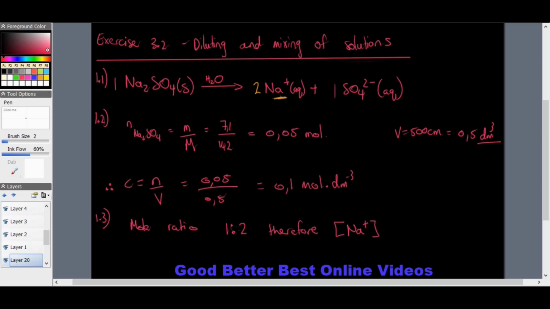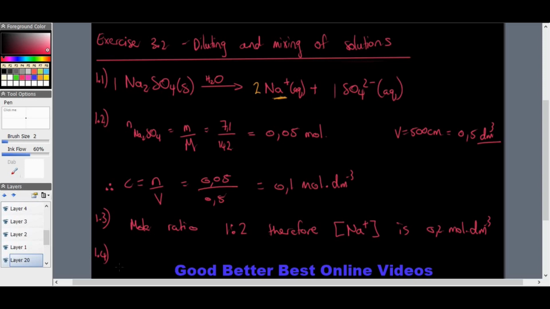So it's 0,1 divided by 1 times 2, which gives me 0,2 moles per decimeter cubed. That's for 1.3. We didn't even need to work out anything.